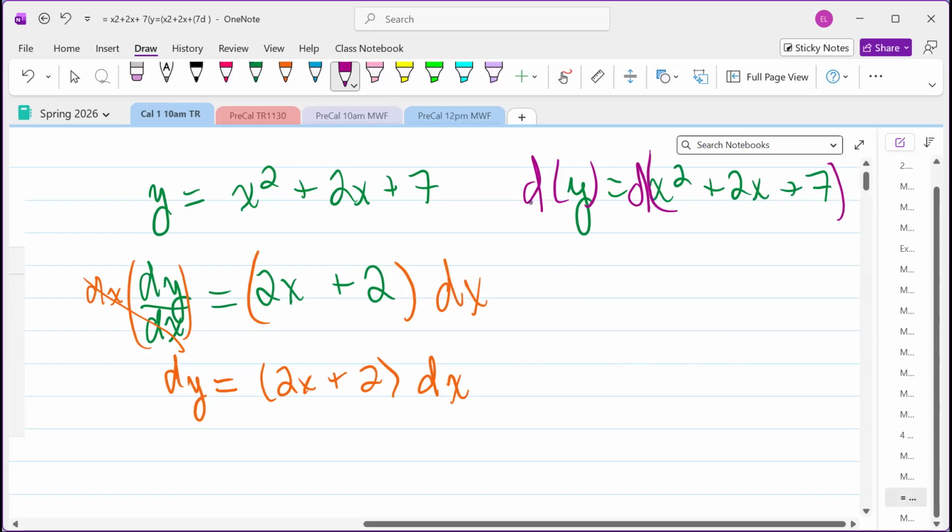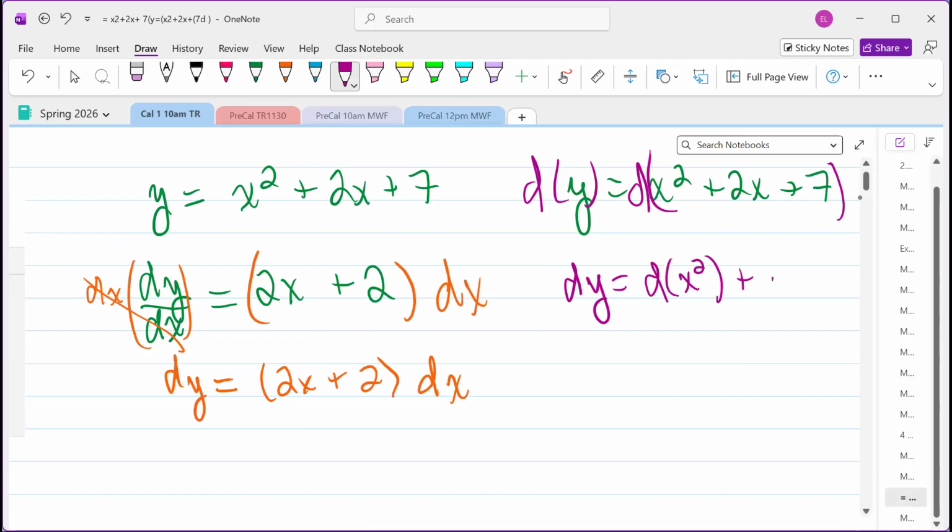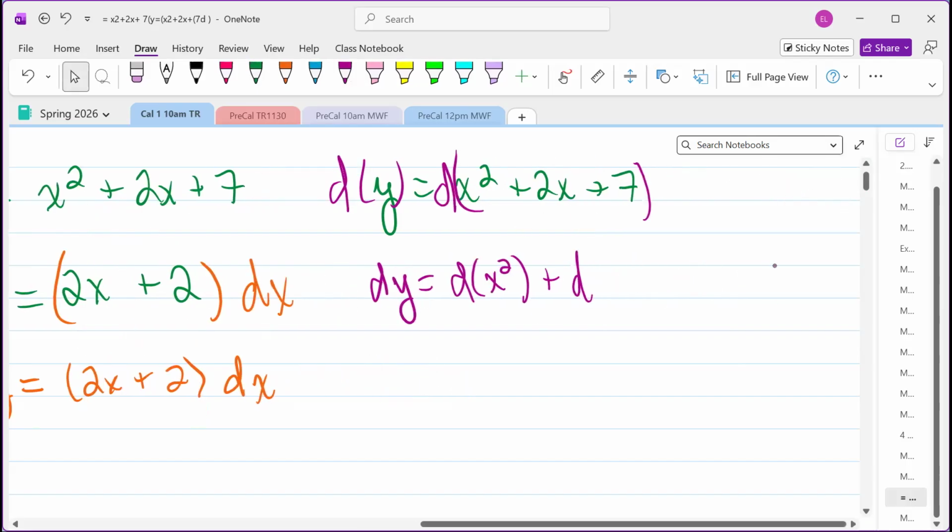So the derivative of y is dy. Then the derivative of each of these things, derivative splits across addition. So I have derivative of x squared plus derivative of 2x plus derivative of 7.